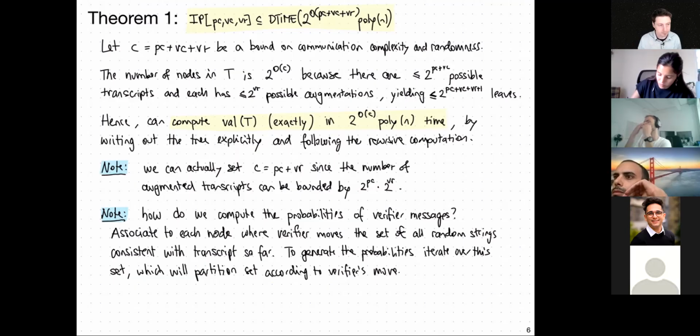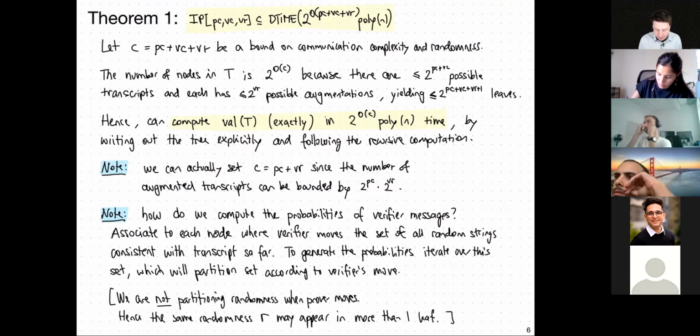Now, on the prover side, we're not partitioning randomness whenever the prover moves, that's just the prover's move. In particular, you should appreciate that the same randomness may appear in multiple leaves, because the prover moved, and the same randomness is consistent with partial transcripts so far for different prover moves. That's fine.